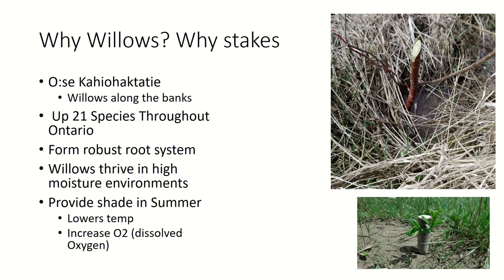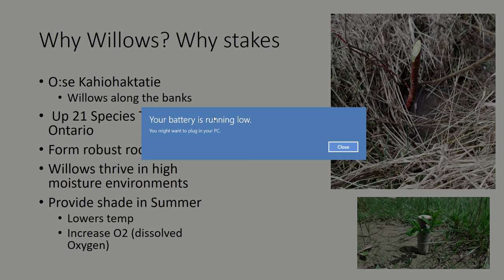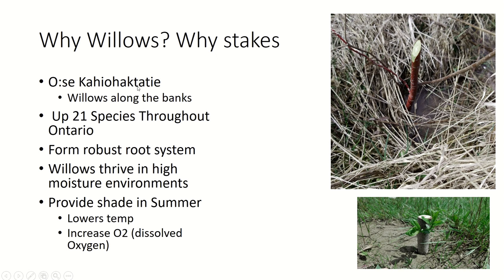The reason why we're doing this, another reason, is with our traditional ecological knowledge or indigenous traditional knowledge, ITK and TEK, these terms that we talked about previously. We know that in Mohawk, Onse is a willow shrub or a willow tree, and Kahiwak Daje, that Daje on the end of the word is a continuous suffix, and that's telling us that it's going along in a line or in a row, and it's continuous.